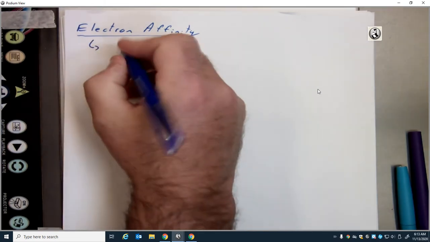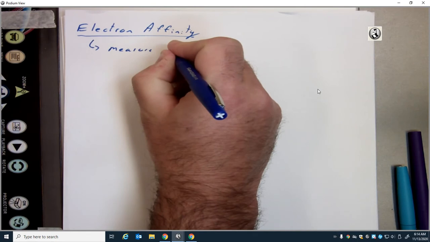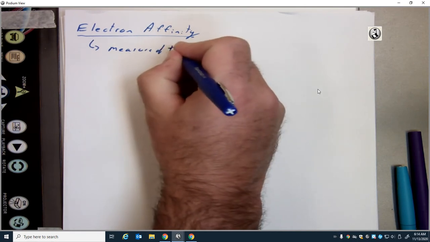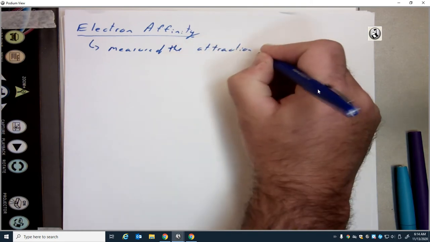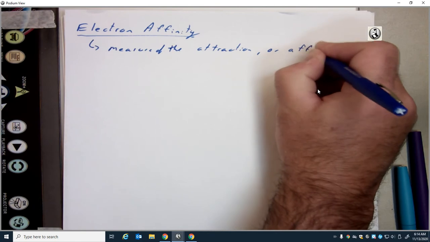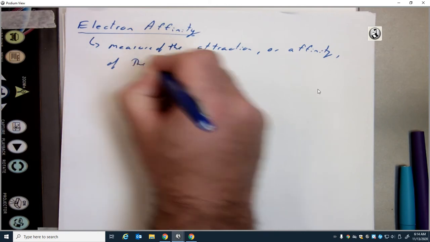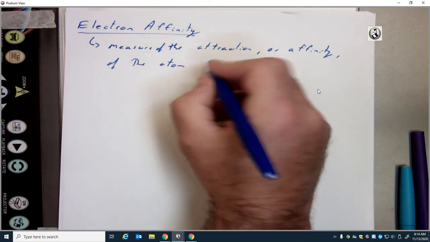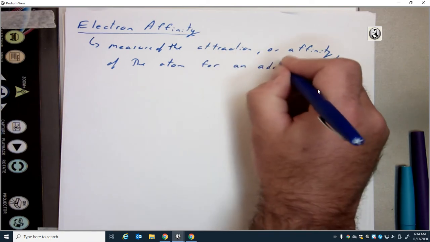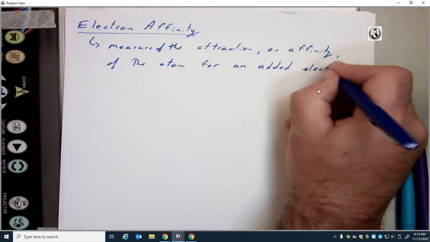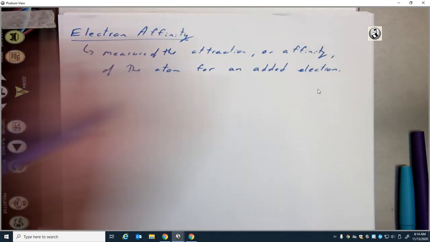And it is the measure of the attraction or affinity of the atom for an added electron. So let me see if I can help explain this a little bit better.